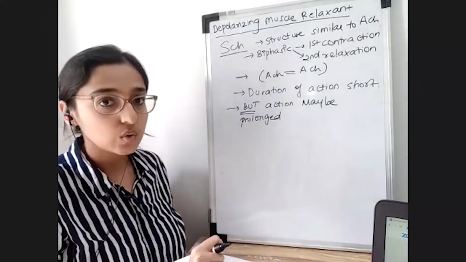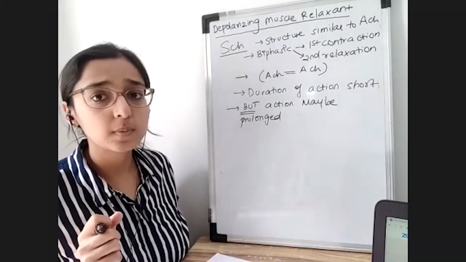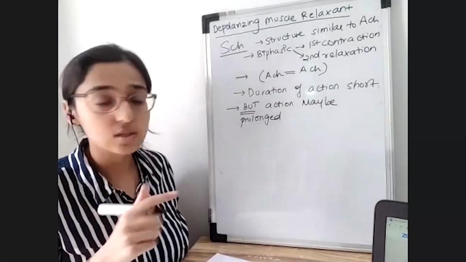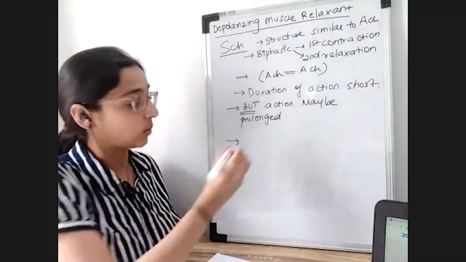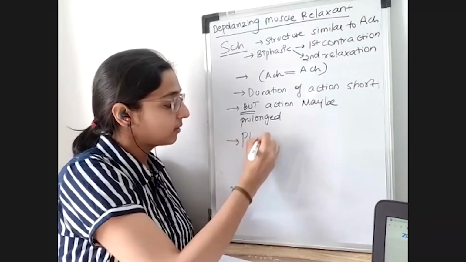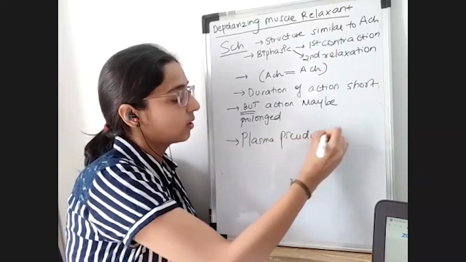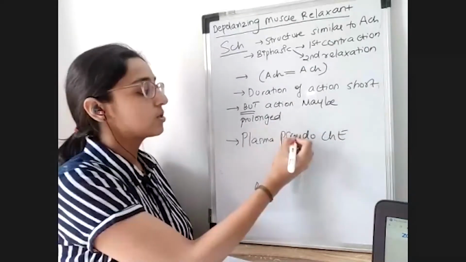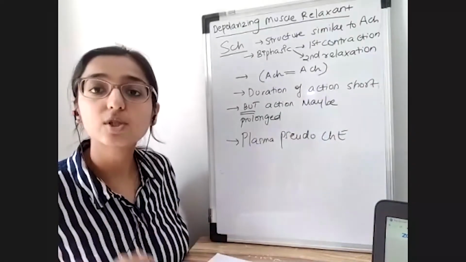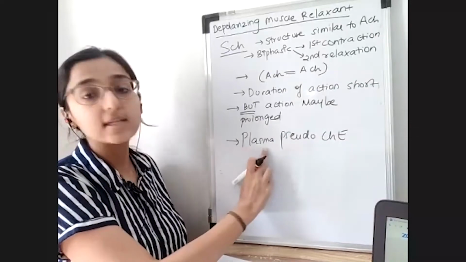So how does succinylcholine get metabolized? Does it get metabolized in the neuromuscular junction? No, it does not. Which enzyme metabolizes succinylcholine? It is the plasma pseudocholinesterase enzyme which metabolizes succinylcholine. As we know, it is found in the plasma.